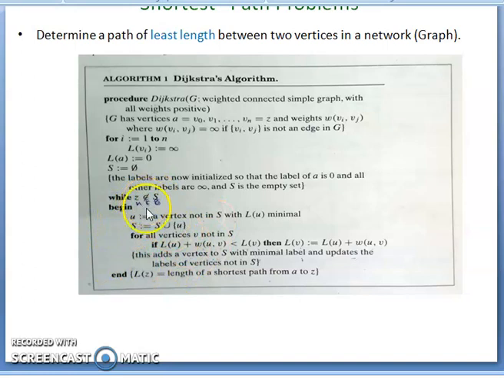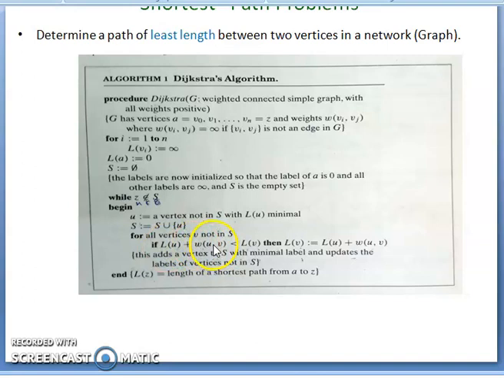For example, if you take one example, A is the vertex U. Initially S is empty, and you add A. And for all vertices V not in S, you update the length of V. The length of U, that is A, is 0, plus the weight of U comma V, that is A comma B, which is 4.